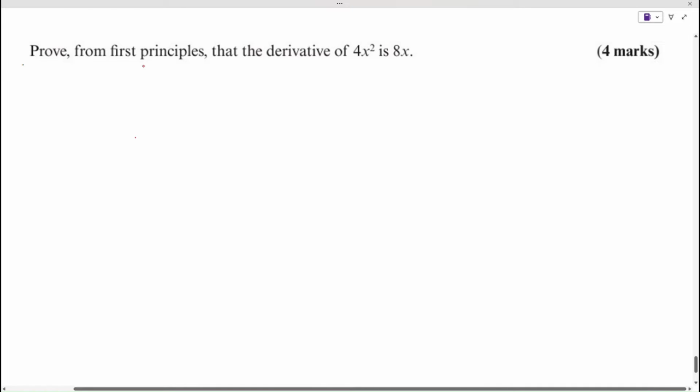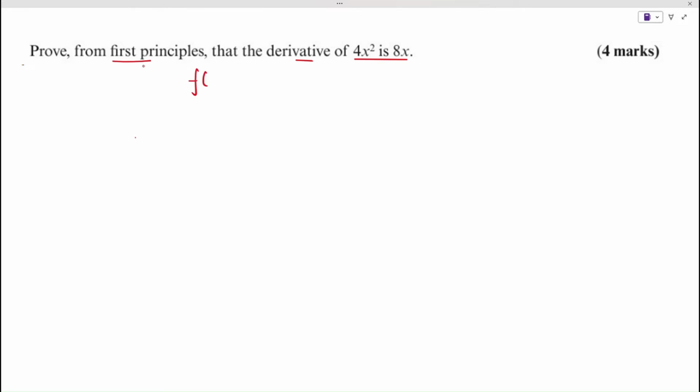Now, we'll go on to our next question. Prove from first principles that the derivative of 4x squared is 8x. So we're going to start off with setting f of x is equal to 4x squared.